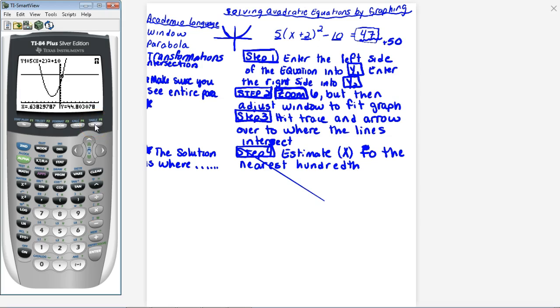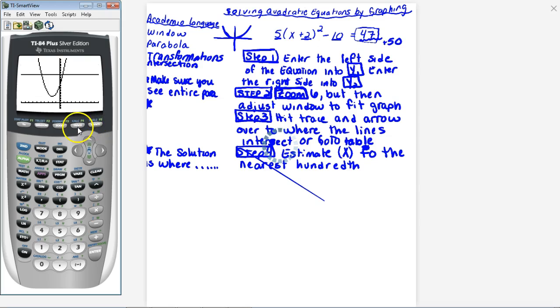Okay, and then actually over here on step 3, or go to table. Cool. And then we want where y is 47, but it looks like on this first line it goes from 30 to 55, so I think we were right to use the graph.